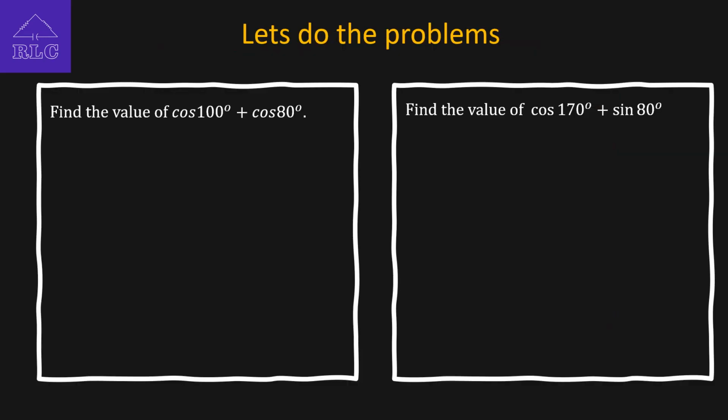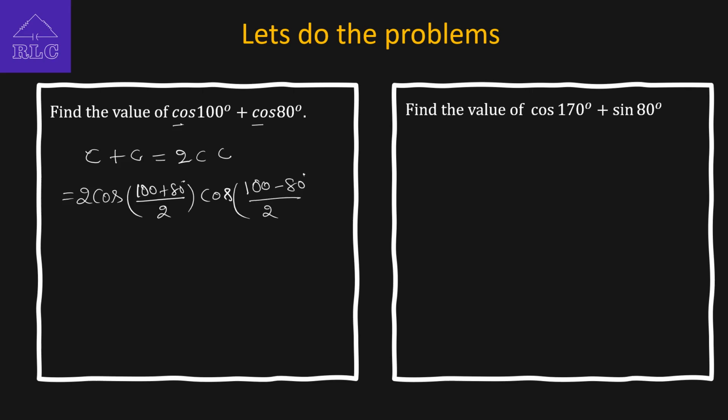Now let us do some problems. The first one is of the form C plus C, that means cos plus cos. According to our shortcut, it is 2CC. So cos C plus cos D is 2 cos((C+D)/2) cos((C−D)/2), that means 2 cos((100+80)/2) cos((100−80)/2).